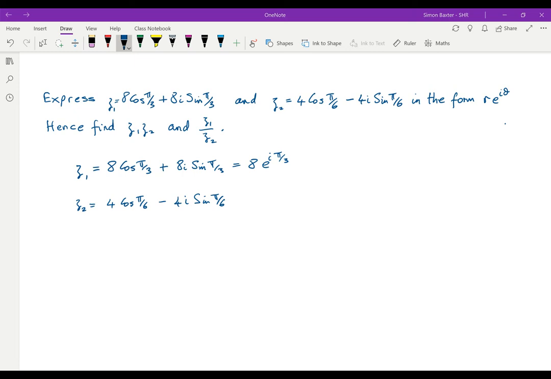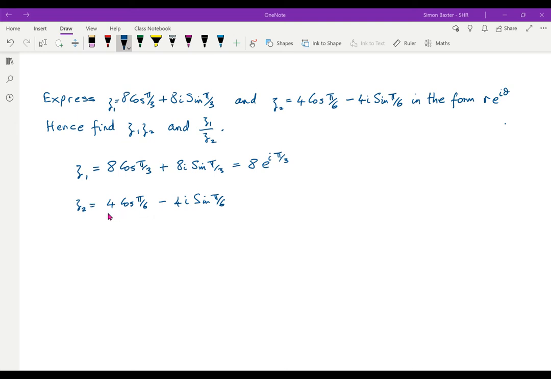When we are dealing with modulus argument form, between the cosine and the sine, there must be a plus. That is the essential thing about modulus argument form. So this one was nicely in modulus argument form, this one isn't.